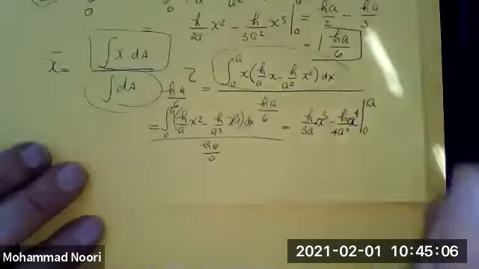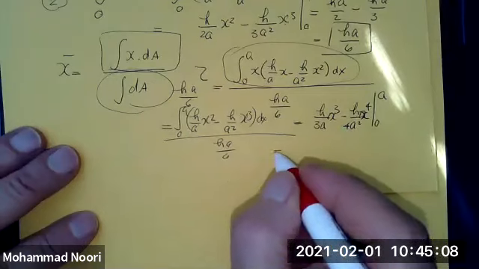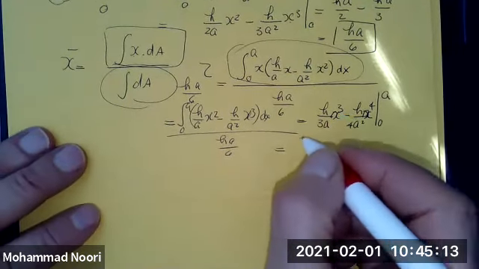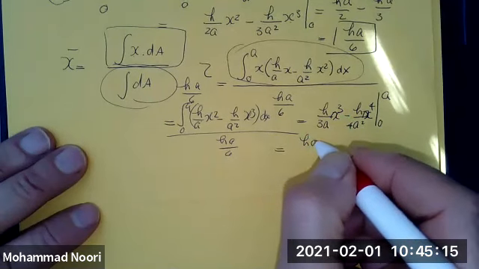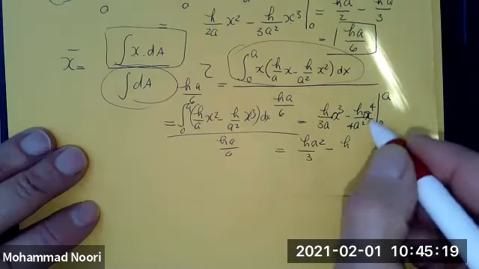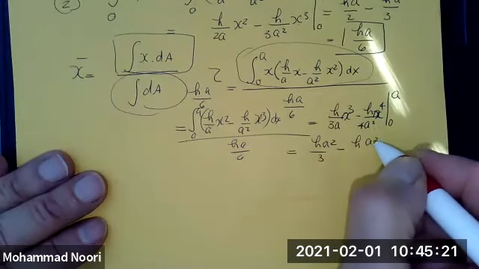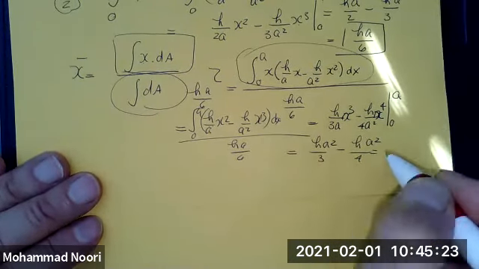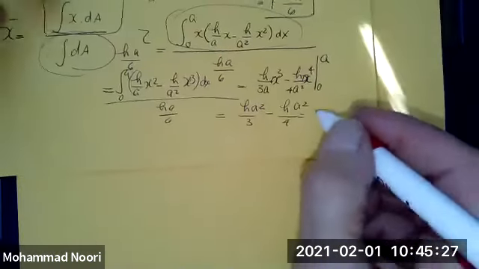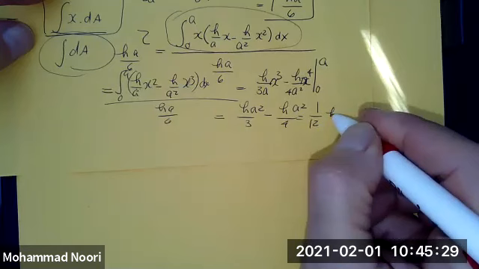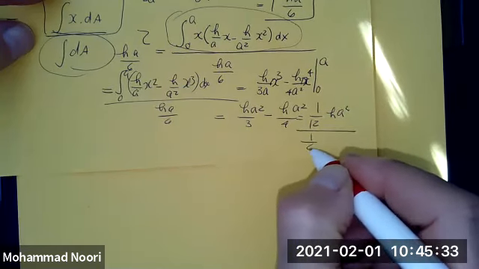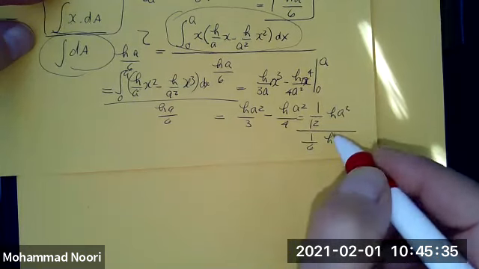And if you evaluate and simplify that, substituting for a, you get h a squared over 3 minus h a squared over 4, or 1/12 of h a squared, divided by 1/6 h a.